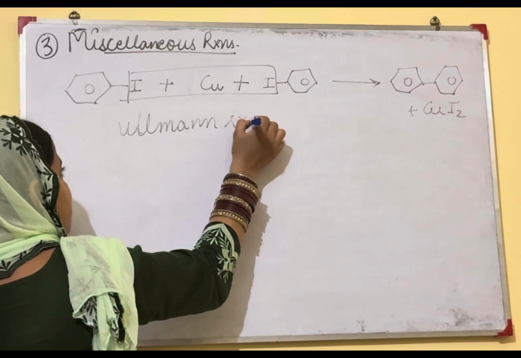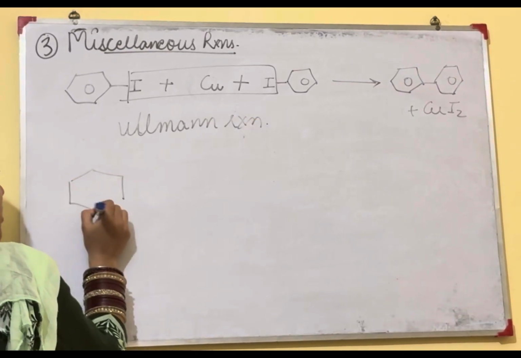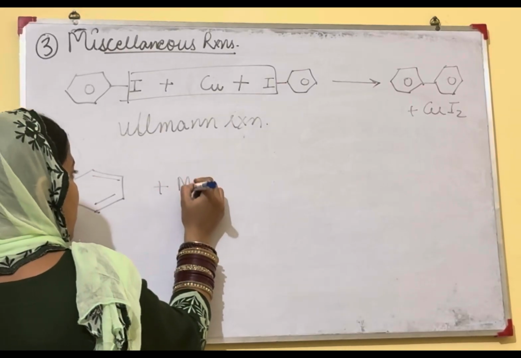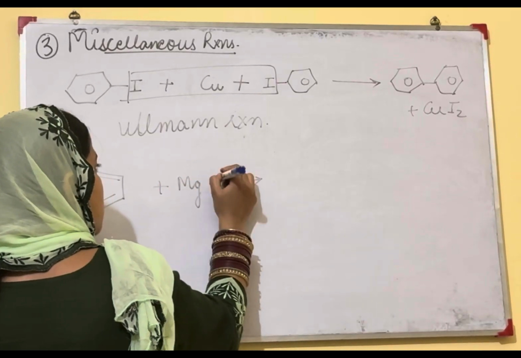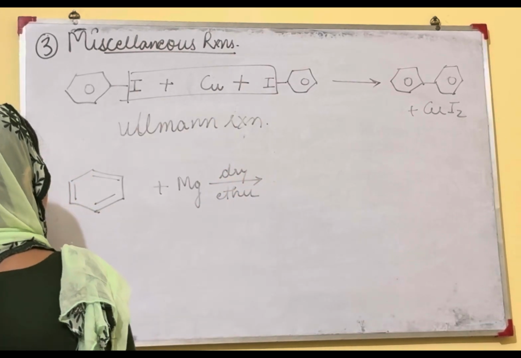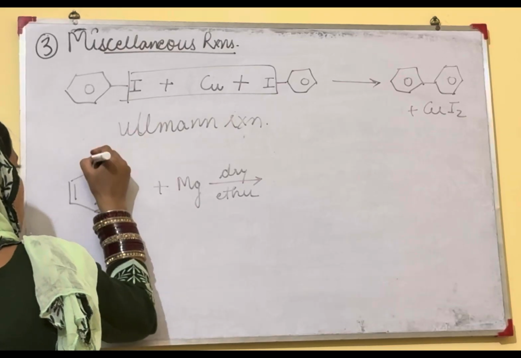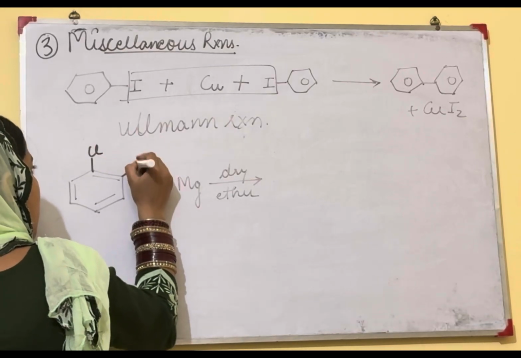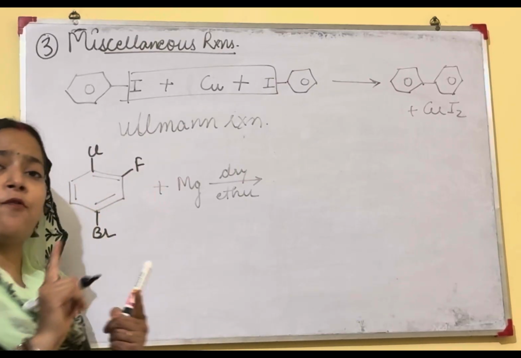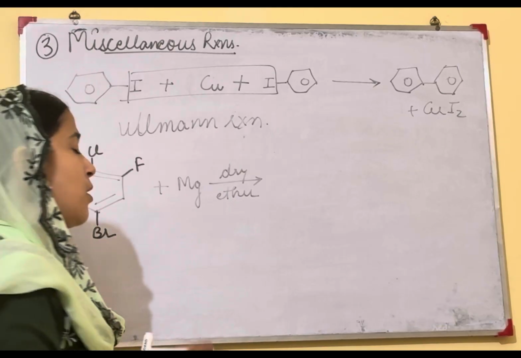Ullmann's reaction. Now last is, as we discussed, there is a formation of Grignard reagent when it reacts with magnesium in the presence of dry ether. But here the situation is different as there is more than one substituent. Here chlorine is present, here fluorine and here bromine. Out of these only one bond will break to lead to the formation of Grignard reagent.